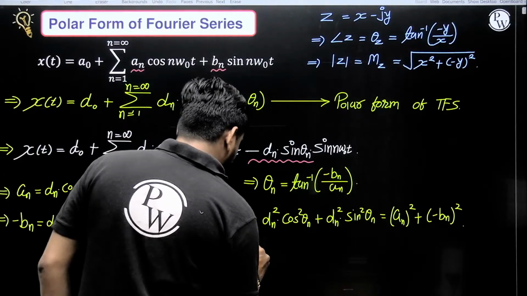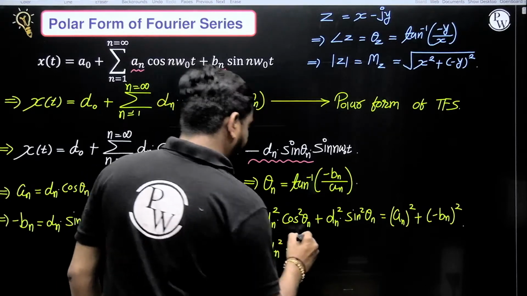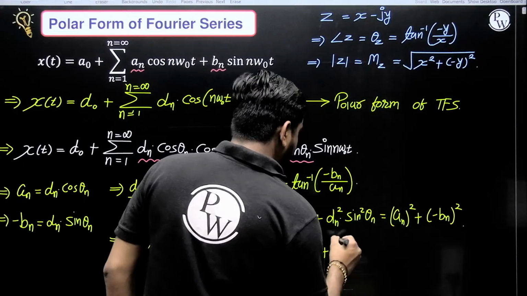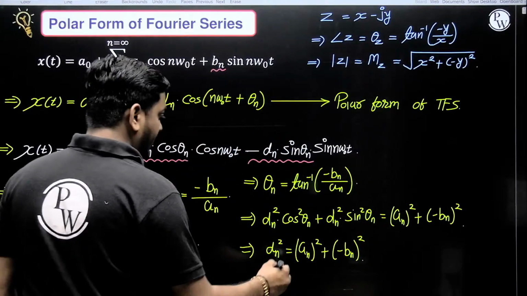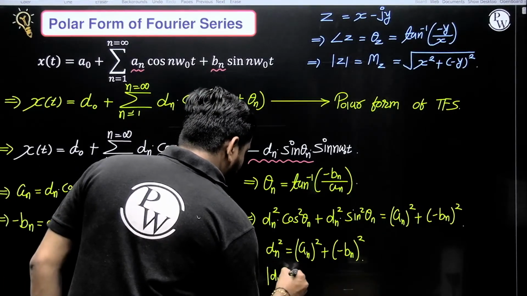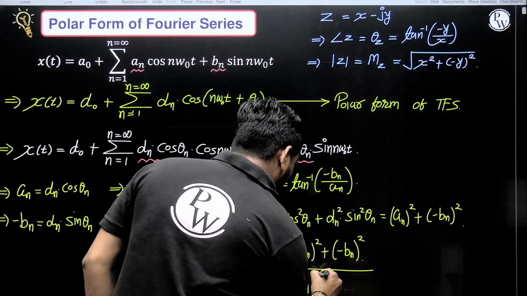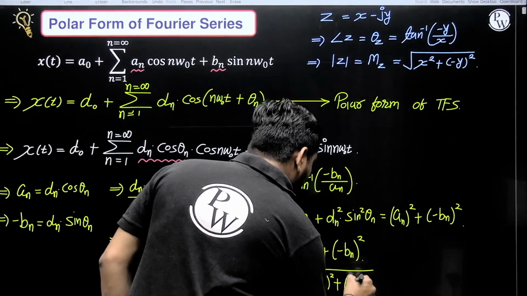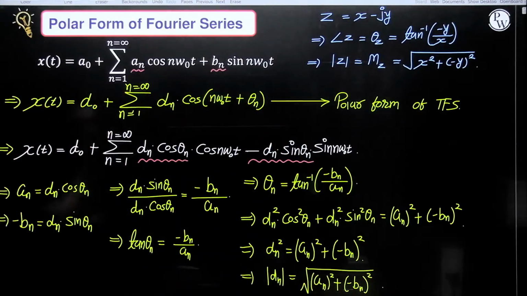So here dn square is equal to an square plus bn square, minus. From here we can write mod dn, mod dn is the root of an square plus bn square.